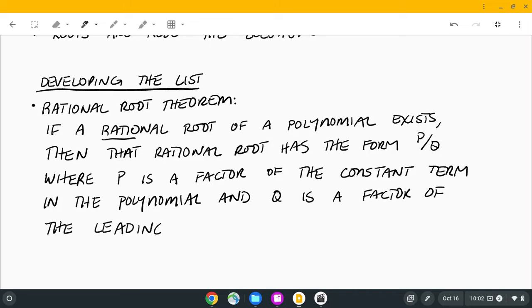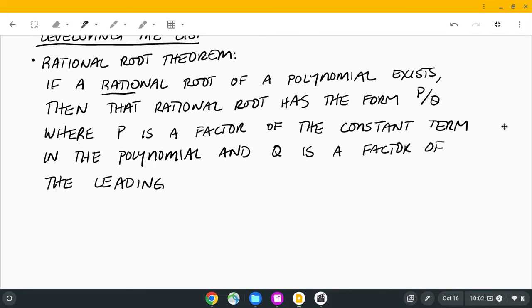This will make more sense when I start doing an example. Leading coefficient.